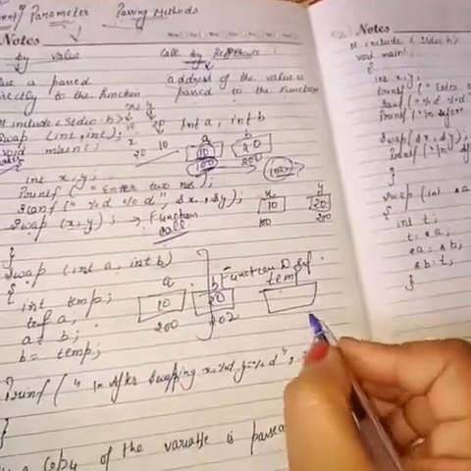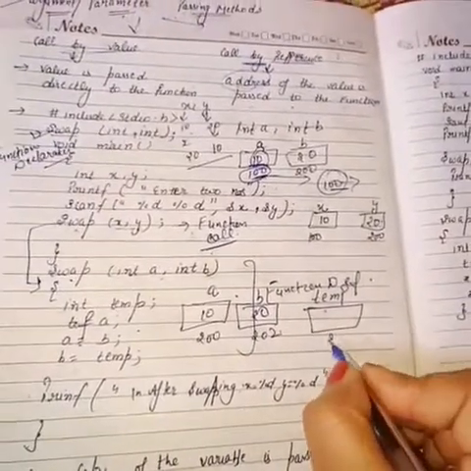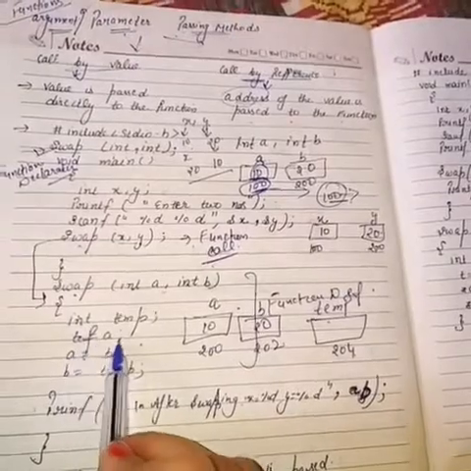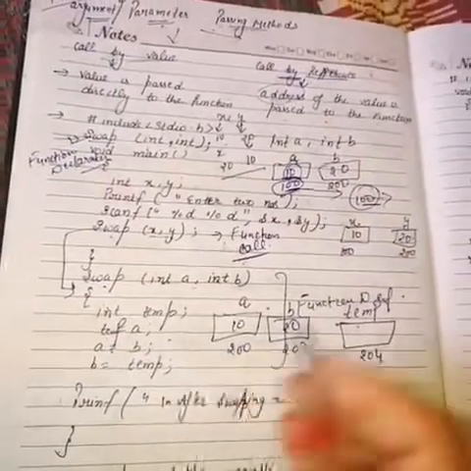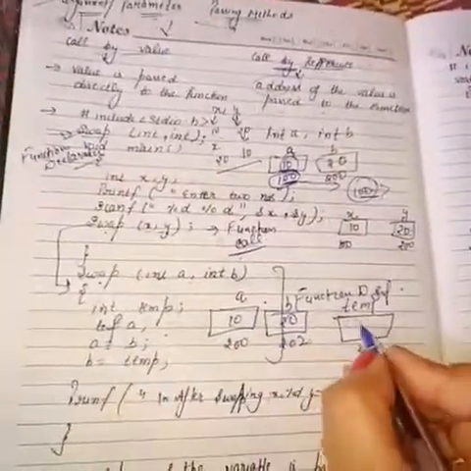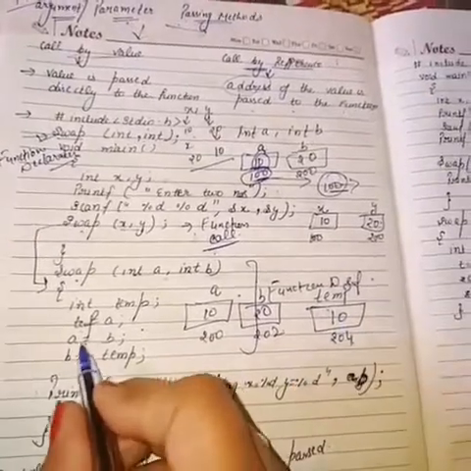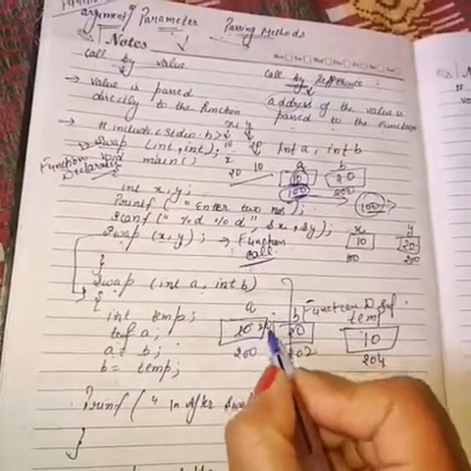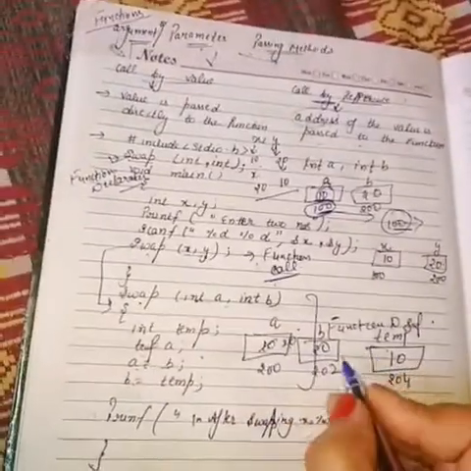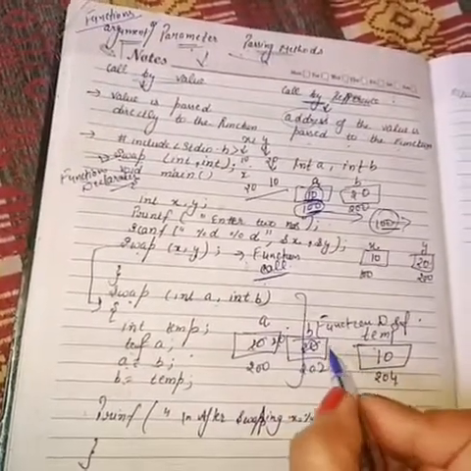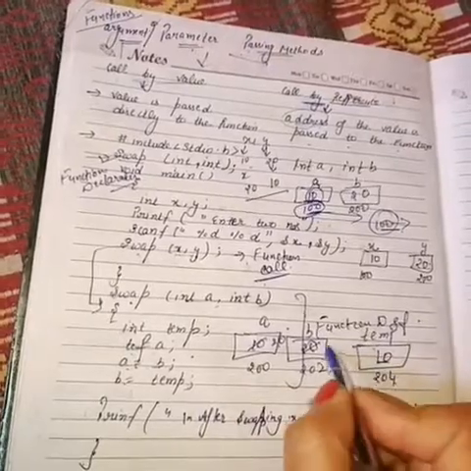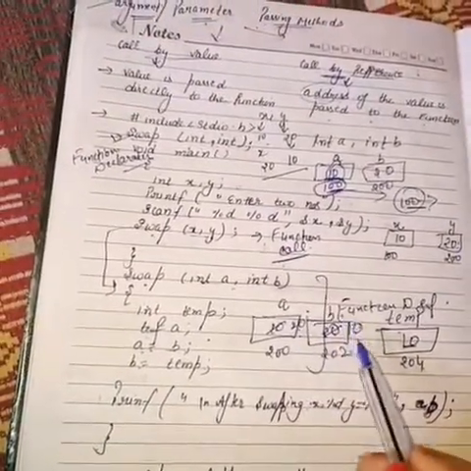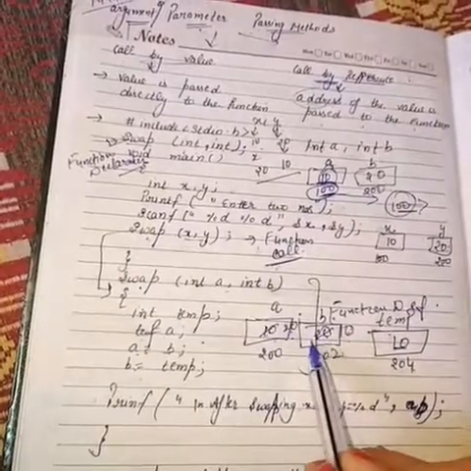Memory location is also allocated to the temporary variable. temp equals a, so the value of temp is 10. Then a equals b, so the value of a becomes 20, and b equals temp, so the value of b becomes the value of temp, which is 10. Which means that the value of a is now 20 and the value of b is now 10. This is how the swapping is done.